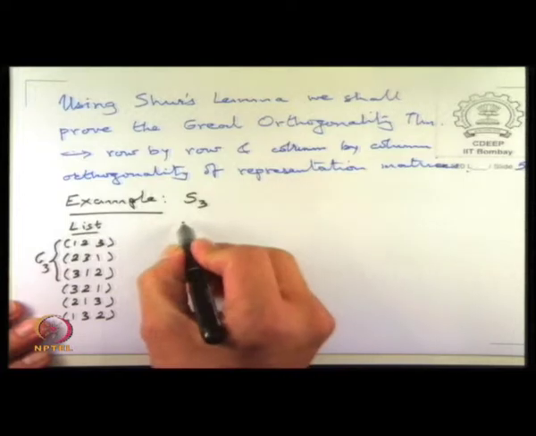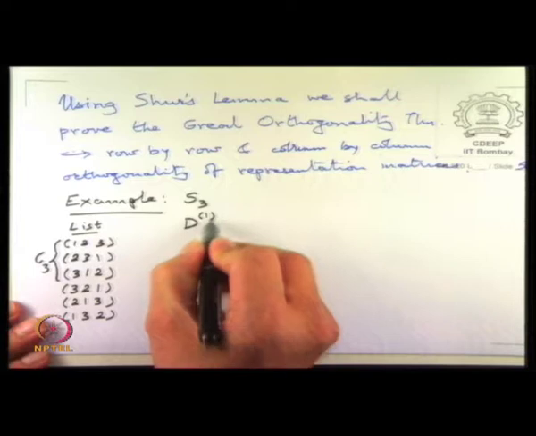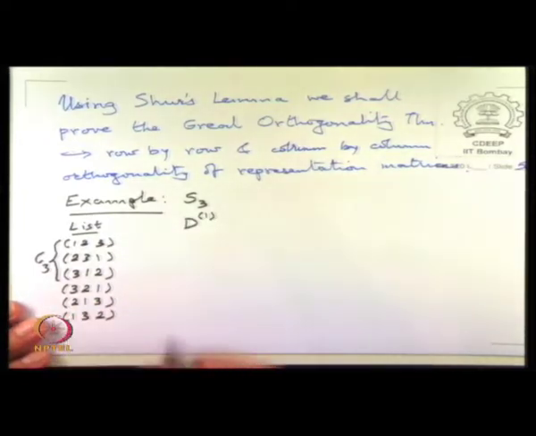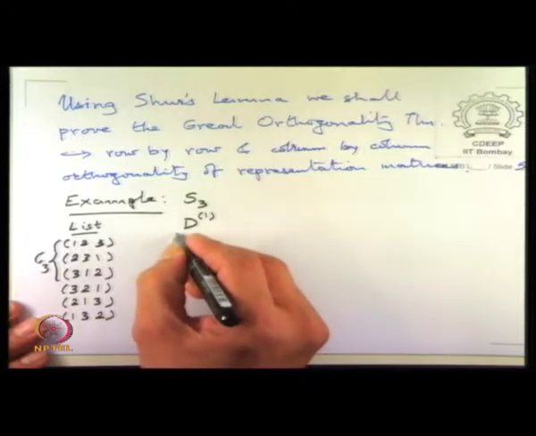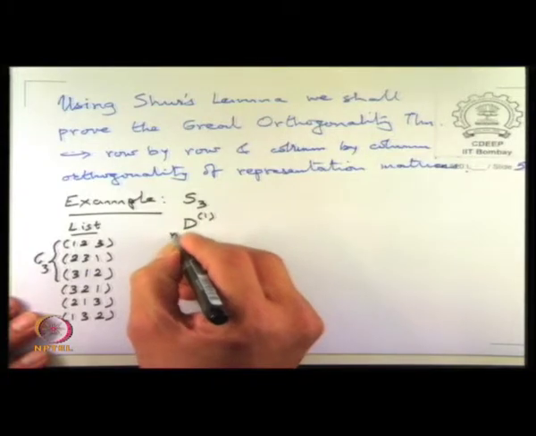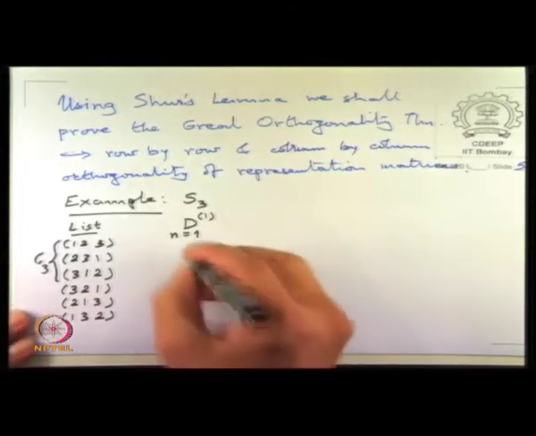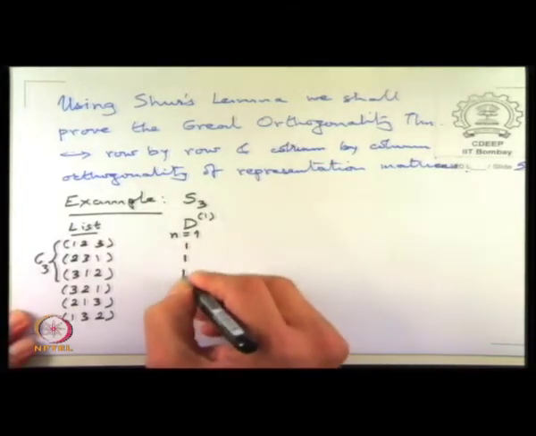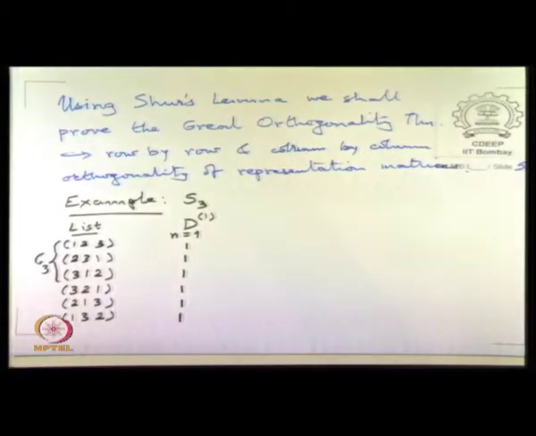So consider a representation D of size 1, where I represent all elements by 1. So this is the trivial representation which is available for every single group, discrete, continuous, whatever you have.